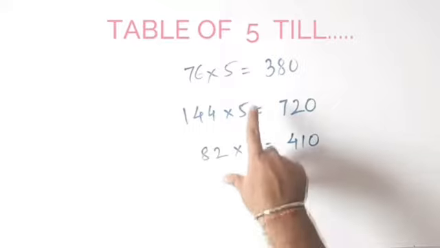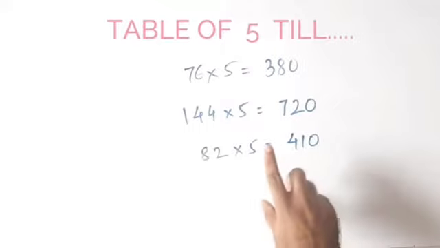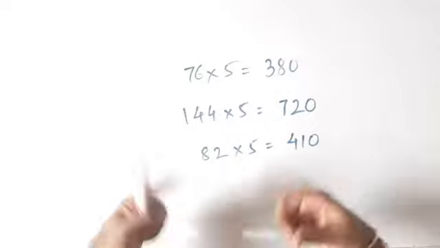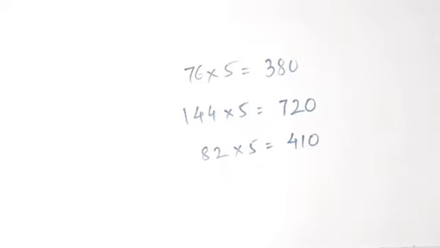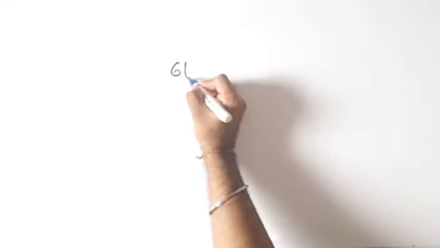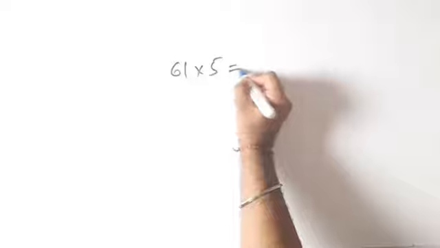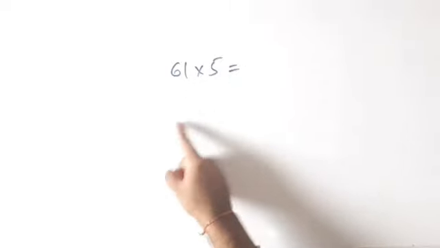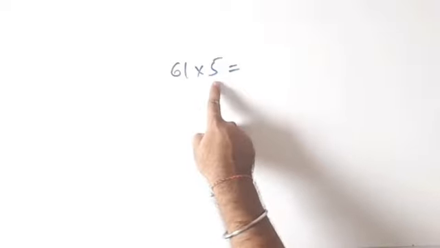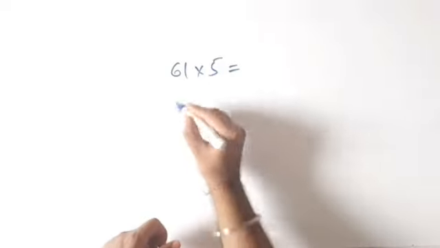This was true for even numbers. For odd numbers, how your mind should work, just see. Taking odd numbers like 61 times 5. Now what should run behind your mind while multiplying any number with 5?